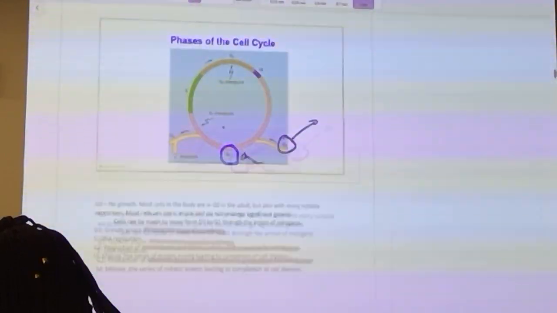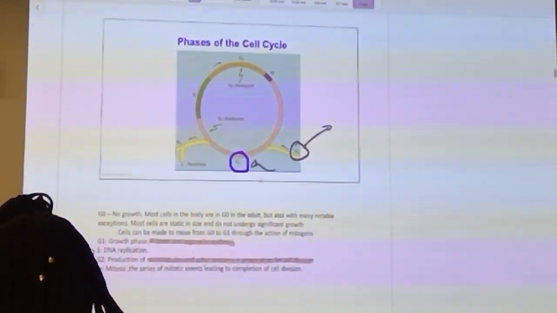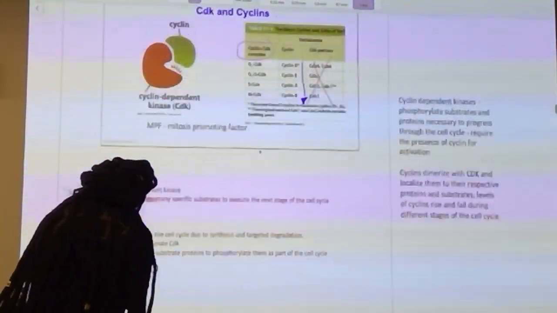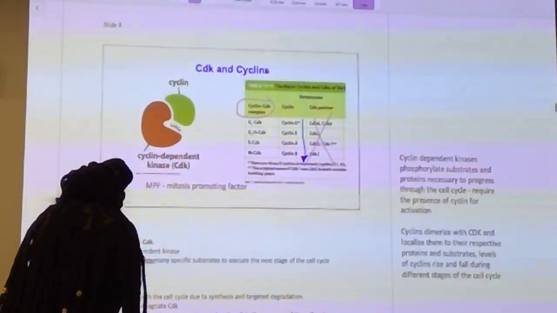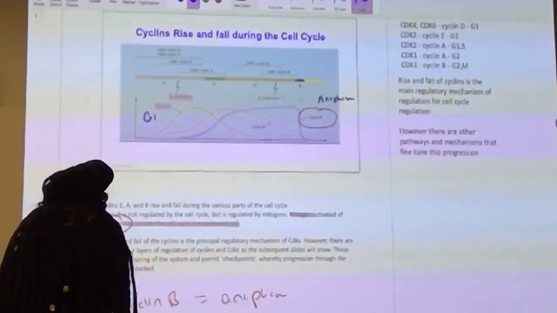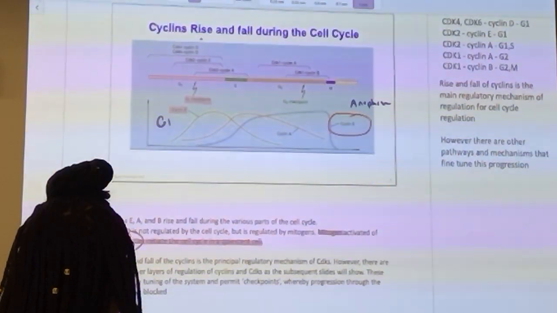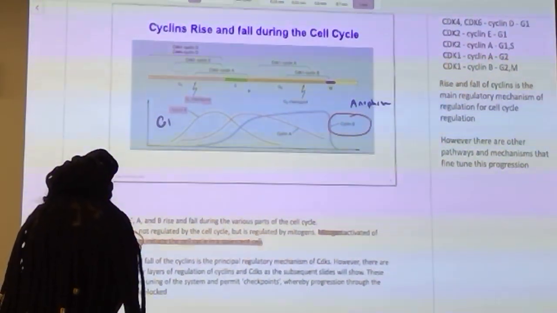Okay, cell cycle. All cancers promote progression from G0 to G1. Cyclins control the cell cycle. Cyclins rise and fall, whereas CDKs remain constant.